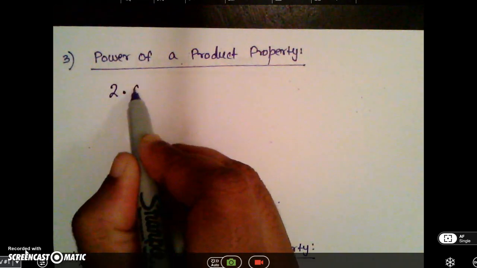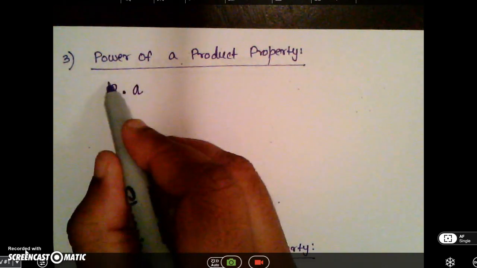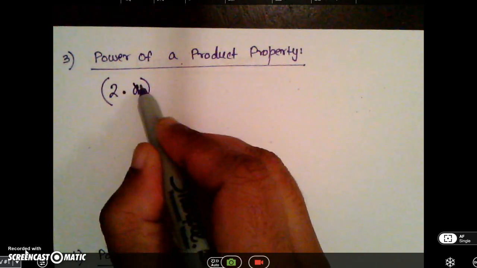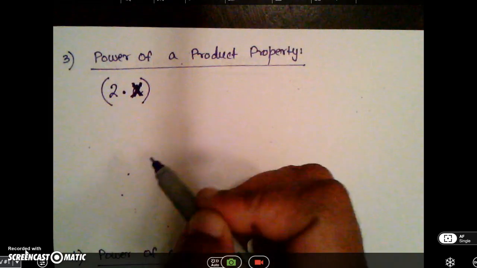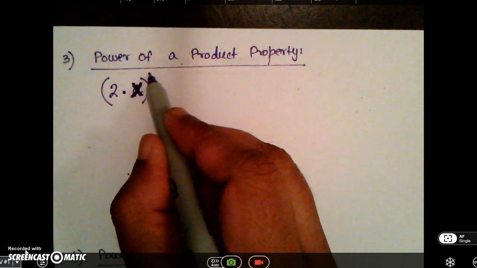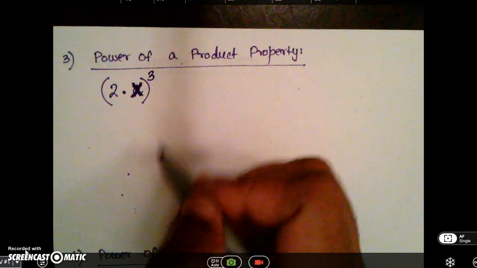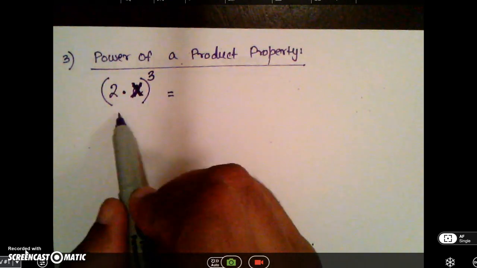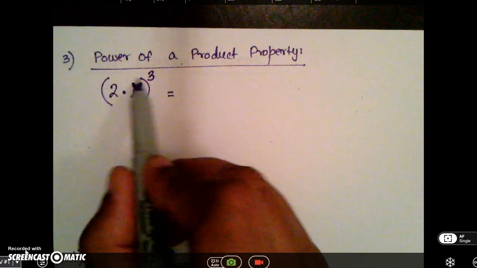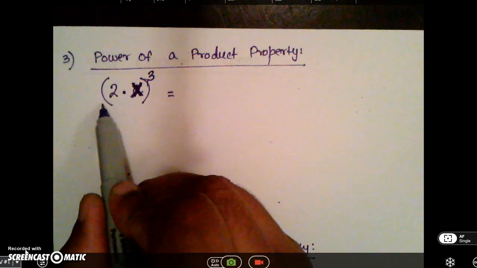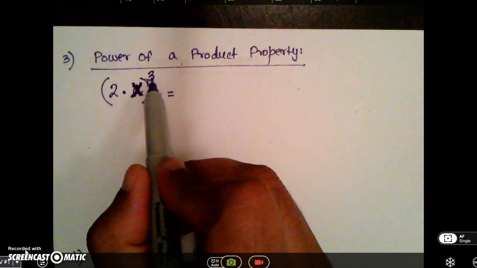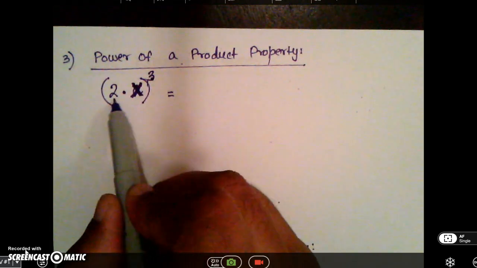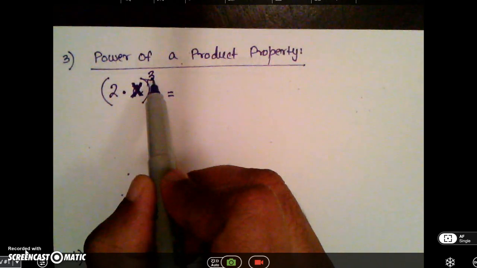Say I have 2 times a, I have a product, let's say 2x, and I'm raising it to the power of 3, right? So 2x to the power of 3 means if I take 2x as the base, 3 is my exponent. If I apply the basic rule of exponent, it is the base multiplied by itself 3 times.